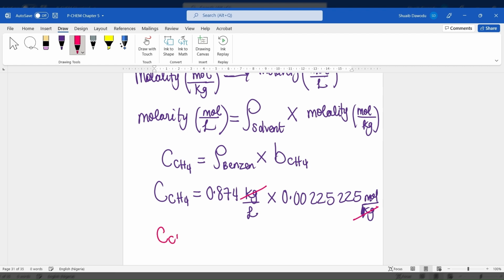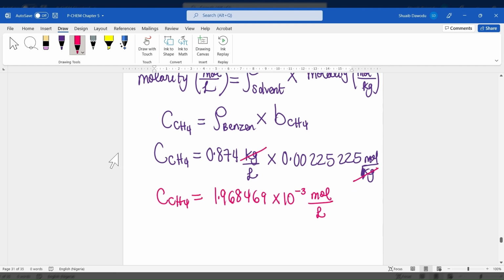So C of CH4 would just be multiplying 0.874 by 0.00225, and that would give you 1.968469 times 10 raised to the power of negative 3 mole per liter. So that's basically that.